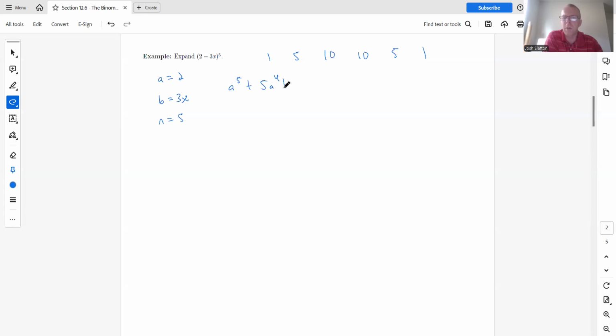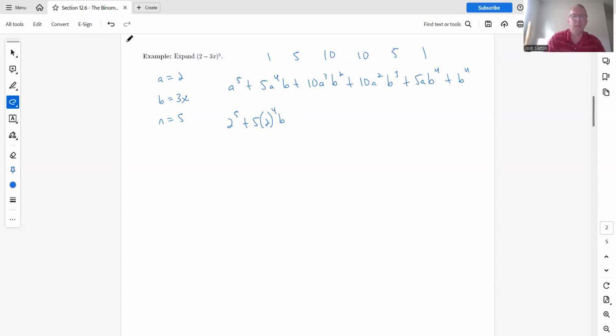So remember, the exponents on the a go down, the exponents on the b go up, and then these are telling us the coefficients. So 10a cubed b squared, and then 10a squared b cubed, and then 5a to the first, b to the 4th, and then b to the 5th. And so now all you have to do is plug in what a is and what b is. So we have 2 to the 5th, we have 5 times 2 to the 4th times b.